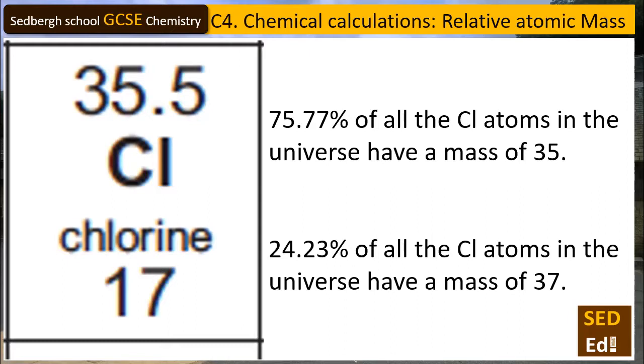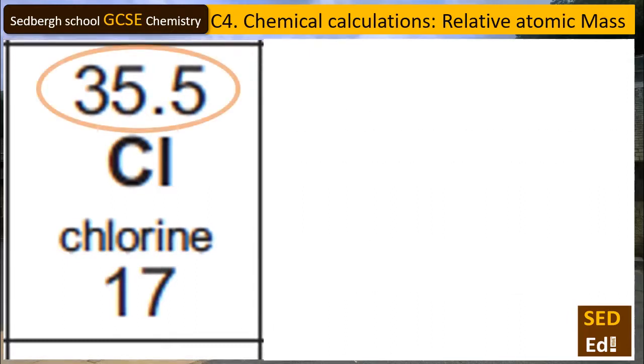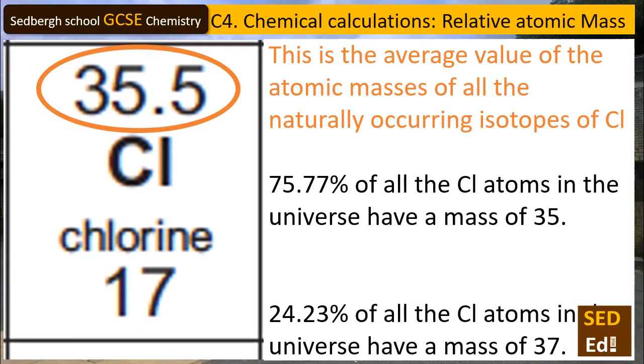It would be too complicated to put all of these different values into a periodic table, so instead, the given value that you see is an average made up of all of the different masses of all of the different isotopes of that particular element. You're expected to be able to calculate this value given some specific data. Let's use chlorine to show you how to do it.